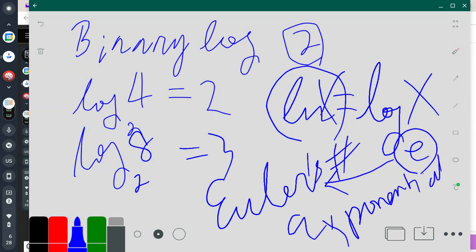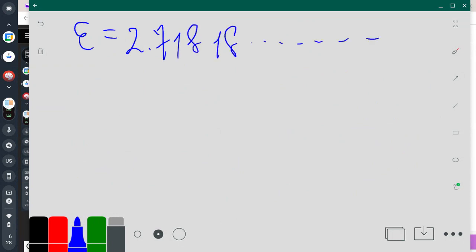So what is e? E is just like pi. It's an irrational number, meaning it's actually 2.71818, and it keeps on going, just like pi.